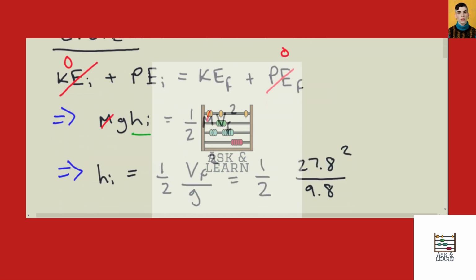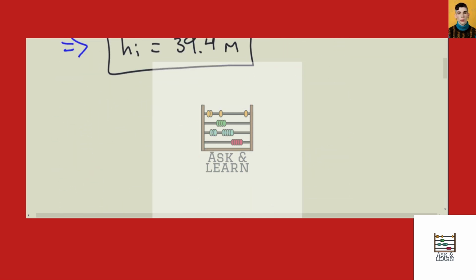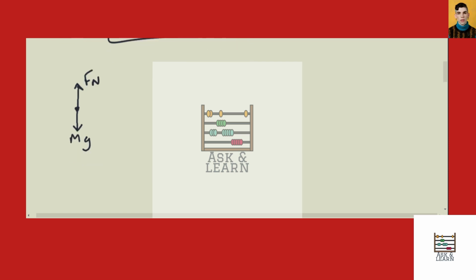Okay, so we know when the car is at that point B, if we draw a free body diagram, we know that we have the weight pushing down, which is mg, and then a force in the opposite direction called the normal force.